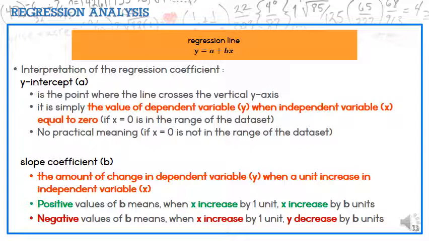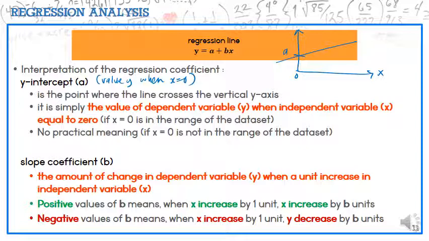It means that the y-intercept is the value of y when x equals 0. So again, this is your y-intercept A, where your x equals 0, your y equals 8. So y-intercept is the value of y when x equals 0.